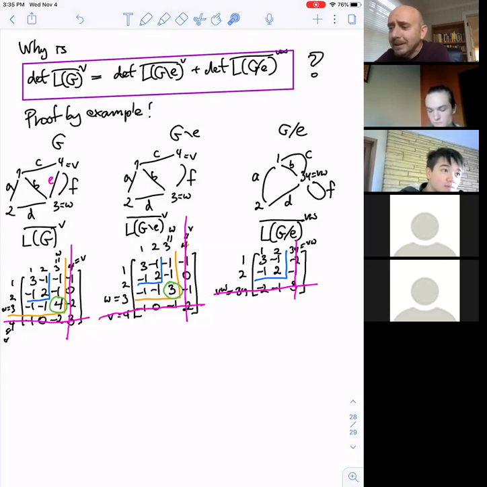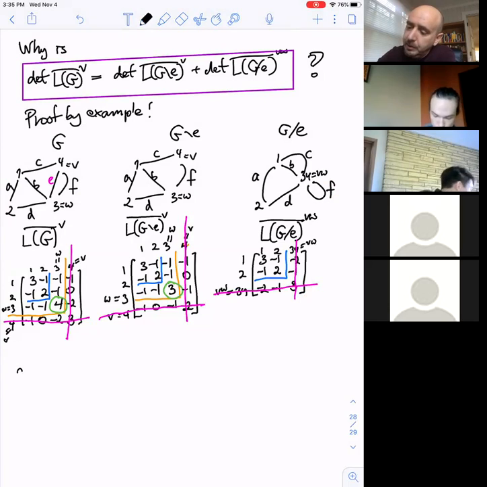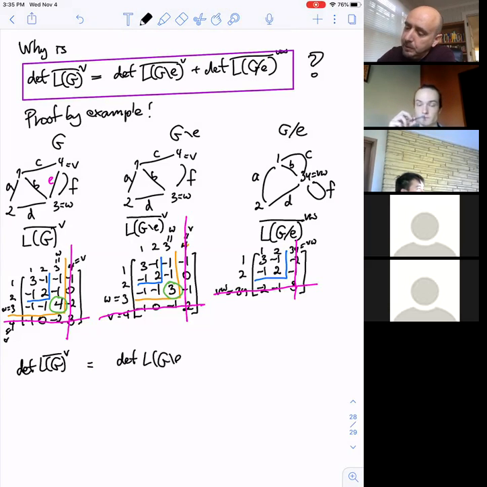Okay. And so now let's think about it. The claim is this is actually enough to show that the determinant of this one on the left is equal to the determinant of this one here on the right plus this one here on the right.